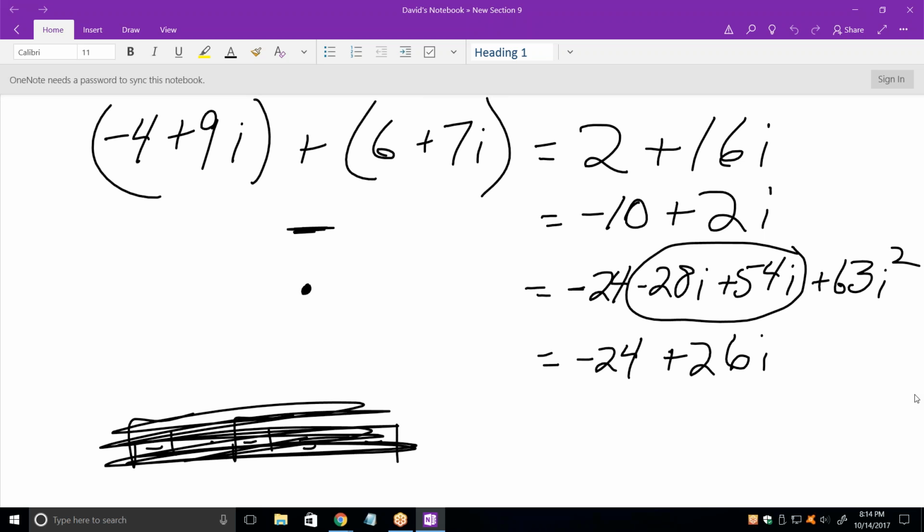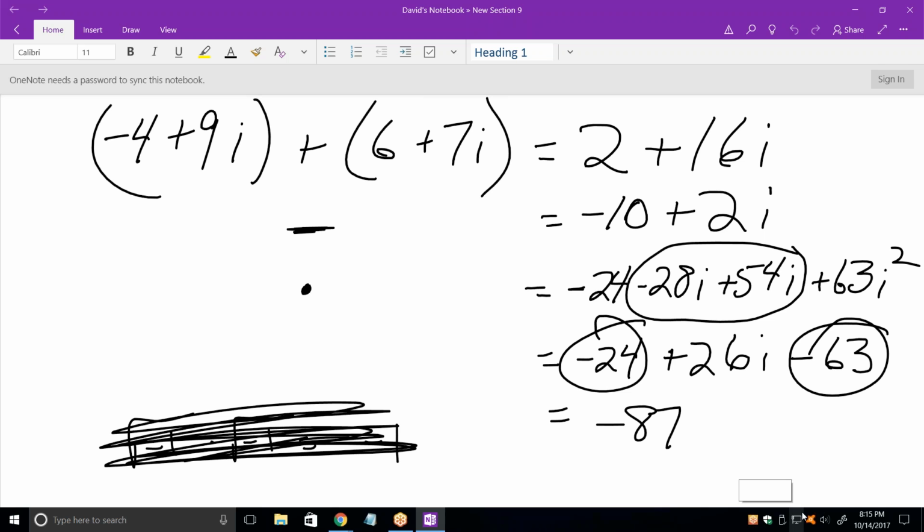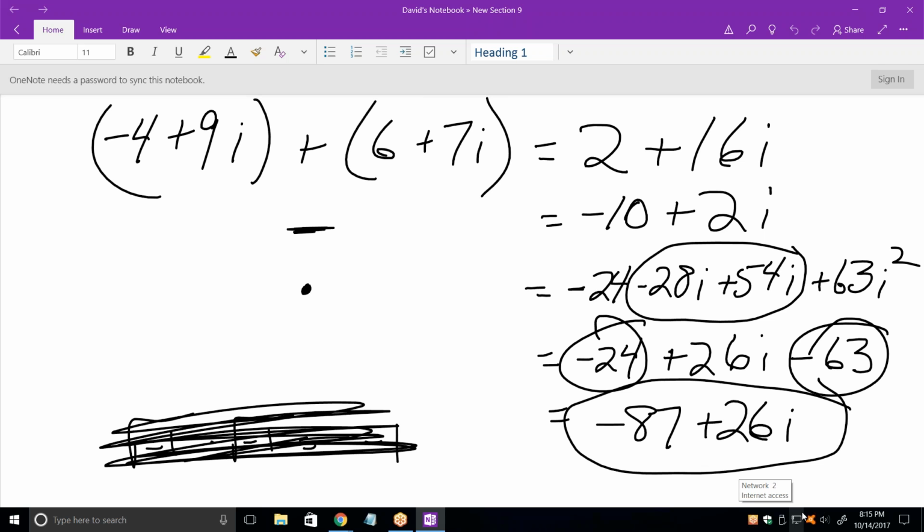And then this becomes minus 63 because it's 63 times a minus 1. And now if I combine the numbers to get a, I get minus 87, plus 26i. That is your answer in a+bi format. There's a, there's b, there's i.